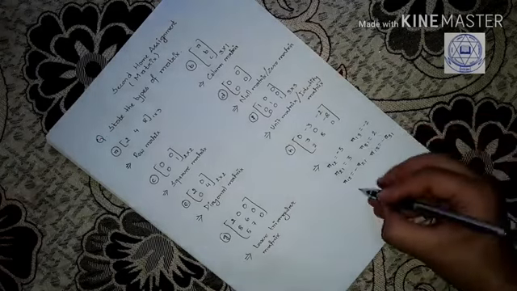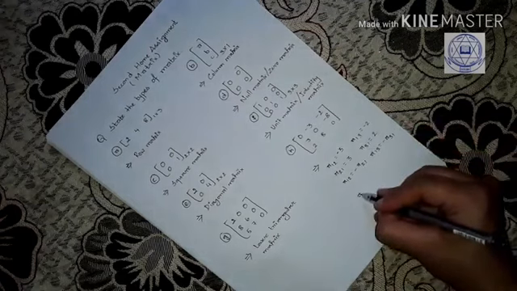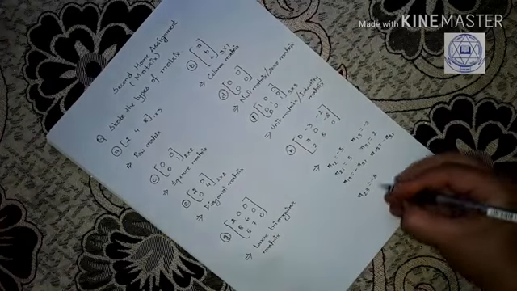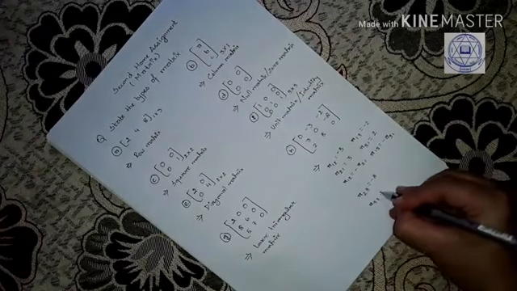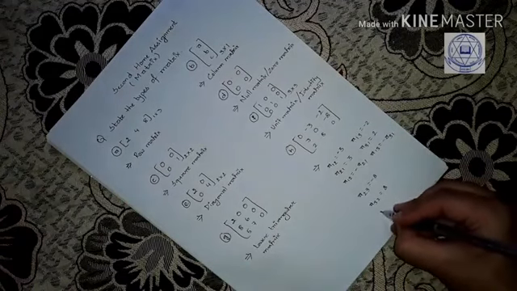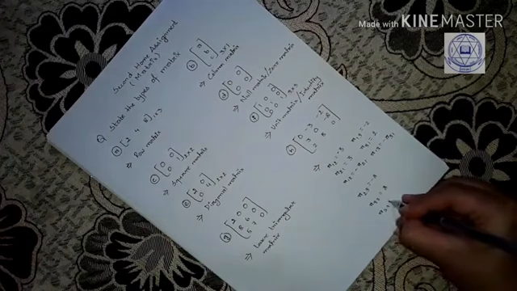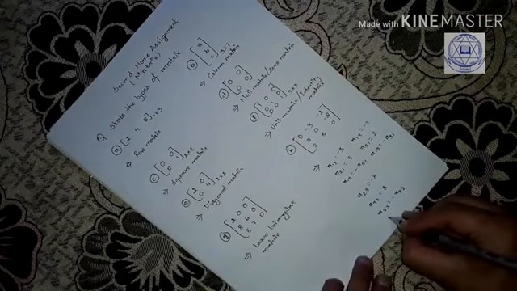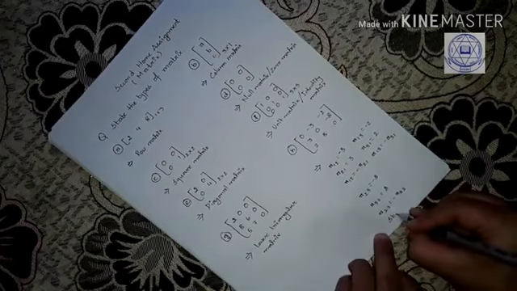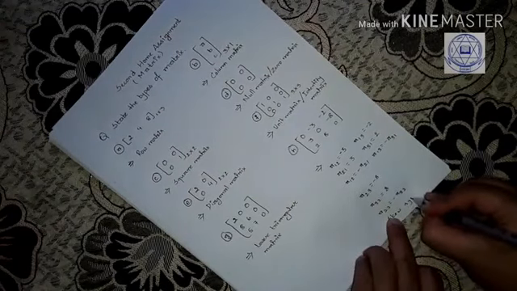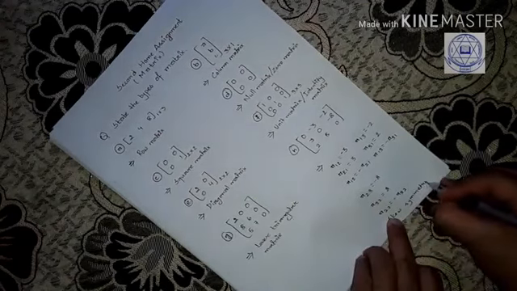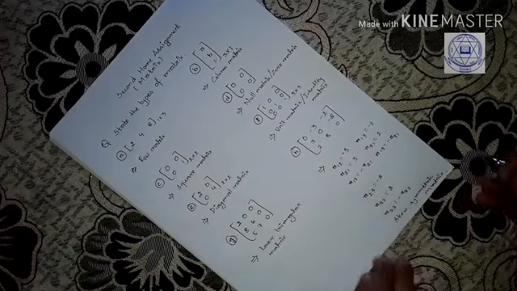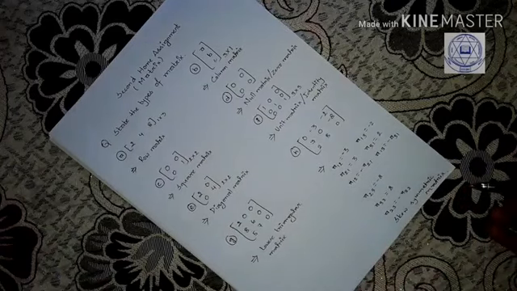And the last one: A23 is equal to minus 8, A32 is equal to 8, and A23 is equal to minus A32, which means it is a skew symmetric matrix. This is the solution of the first question.